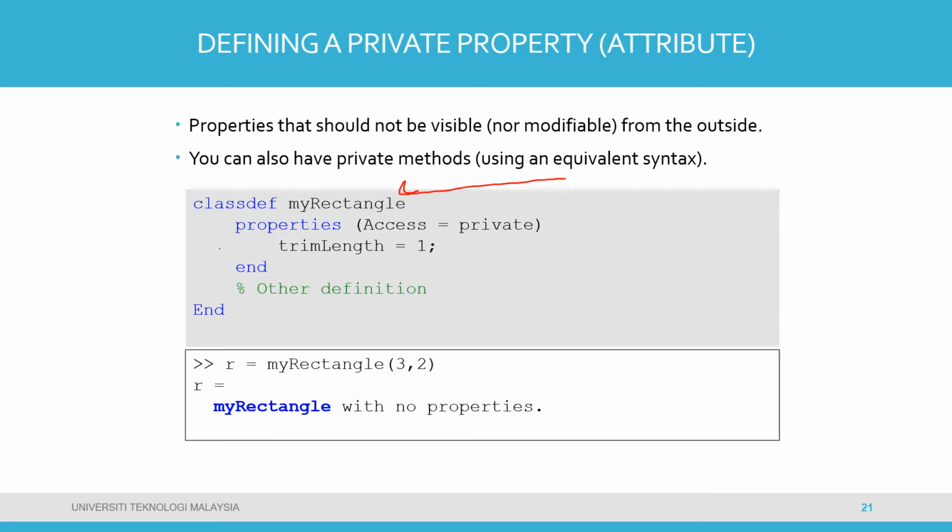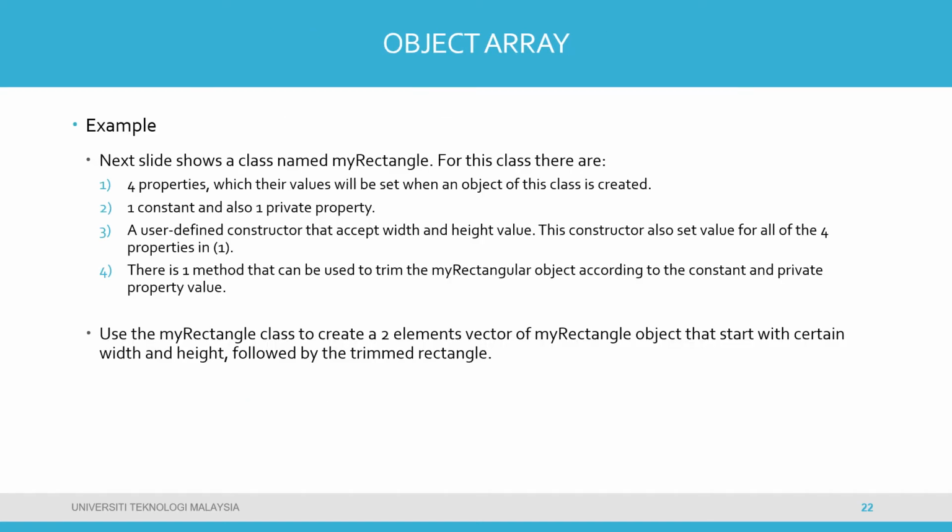So you can use properties access private. Automatically it will show no properties. Usually after you run this, they show you what properties are available, but if you set it like this, it will not show the properties. So the next example is the object array.